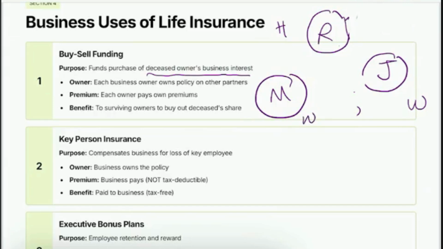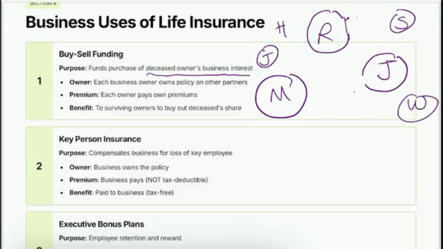What if there was multiple of us? Steven and Jessica. These people don't exist, right? But we all had part of it. It's going to be hard if one of us passes away or something happens. There are disability buy-sells for the same kind of thing.